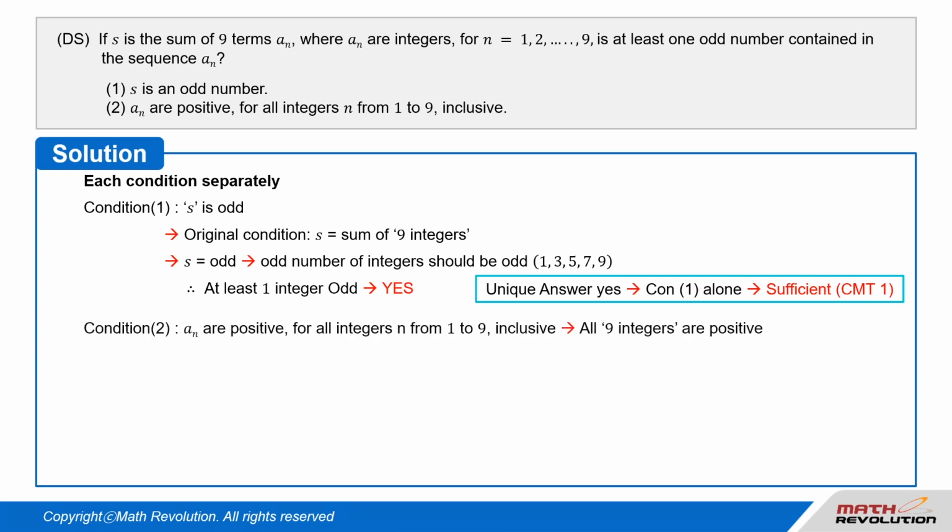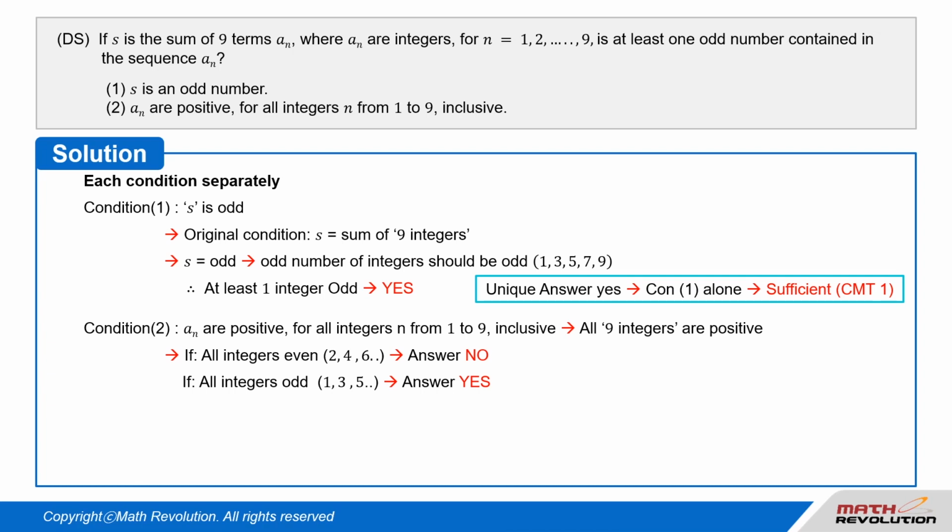Condition 2 tells us that A of n are positive, for all integers n from 1 to 9 inclusive. This just tells us that all 9 integers are positive. We cannot say anything about the types of integers. All can be even, that is 2, 4, 6. Then we get no. But all can be odd too. 1, 3, 5, and so on.